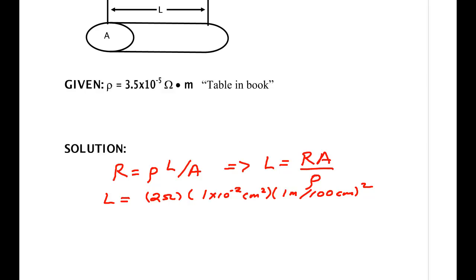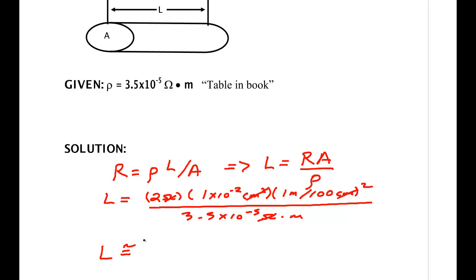And then I need to divide by the resistivity, and the resistivity was 3.5 times 10 to the minus 5 ohm meters. So if I've done that right, the centimeters are canceled. One of the meters here cancels one of the meters up there, so I'm still left with a meter, and this ohm cancels that ohm. And we just punch it in a calculator.